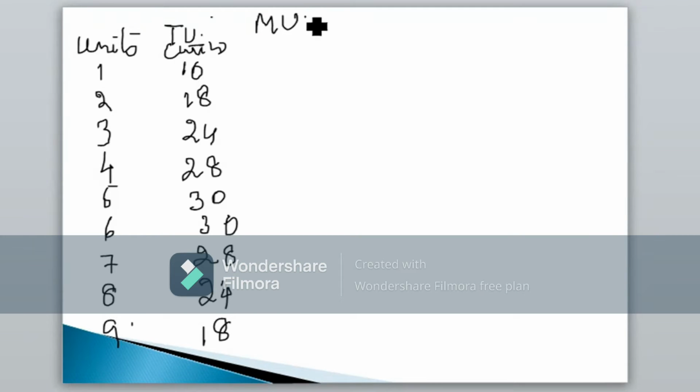We can find out marginal utility from here. So it will be 10, 8, 6, 4, 2, 0, minus 2, minus 4, minus 6. Can you see?